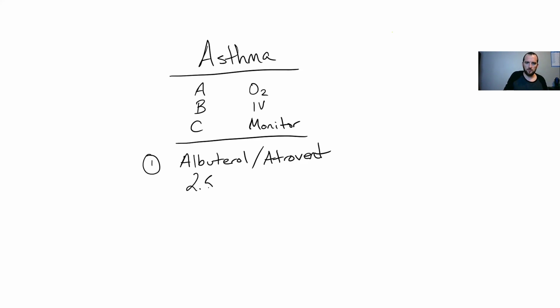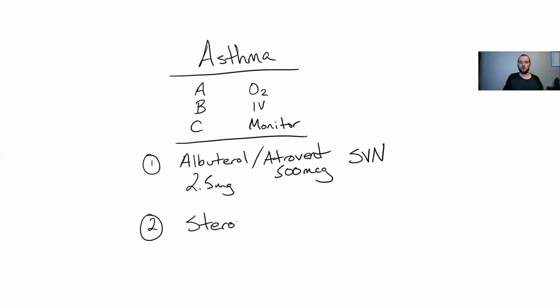And that's 2.5 milligrams and 500 micrograms, and these are via SVN. If they start responding to that pretty well, awesome. Then maybe the next thing that we do is one of our steroids. If we've got the time, sure, let's get it on board.